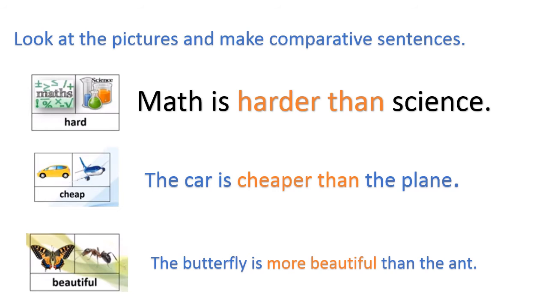So first I have to decide about the adjective: is it short or long? If it is short, we add ER to the adjective and write than after it. If it is a long adjective, we use more before the adjective and add than after it, in the case of comparatives. Number 4. The butterfly is more beautiful than the ant.